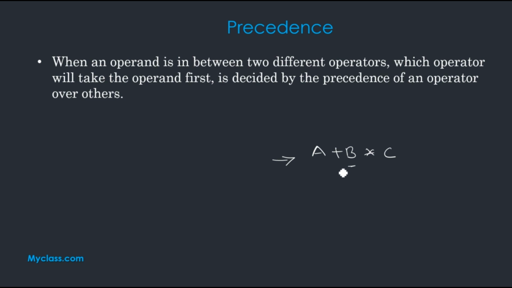Multiplication has more precedence than addition. So we calculate this first, and only then do we go to the addition. For evaluating, we multiply B and C, then add the result to A. That is the precedence case.